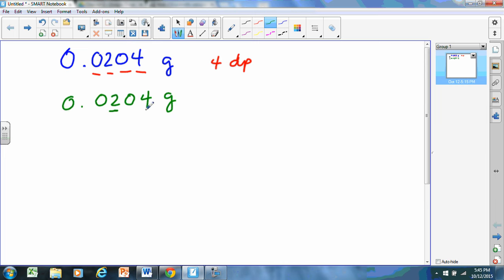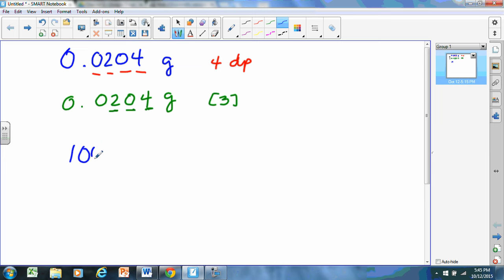Rule 1, if it's not a 0, it's significant. Rule 2 doesn't apply because we don't have a final 0, we have a final 4. Rule 3, this is sandwiched, and so this has 3 sig figs, but 4 decimal places. So the first thing you've got to understand is that a decimal place and a significant figure are very different.